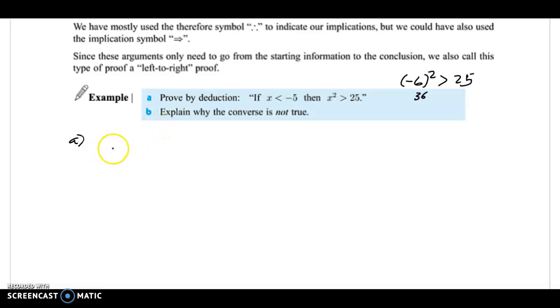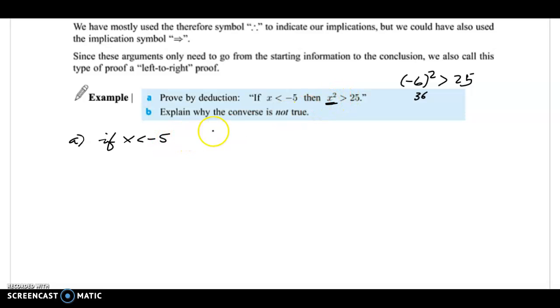So if we say this were to be true, we could then say the following. If x is less than minus 5, because the trick here is this statement right here, right? So if we're going to say x is less than minus 5, then it's got to be greater. Oh, okay.